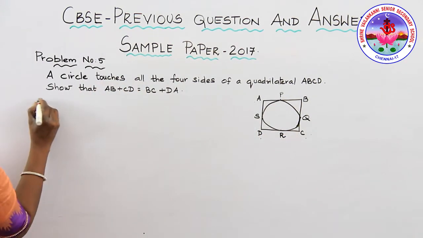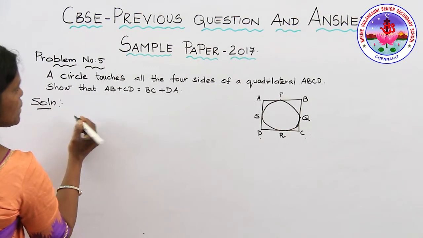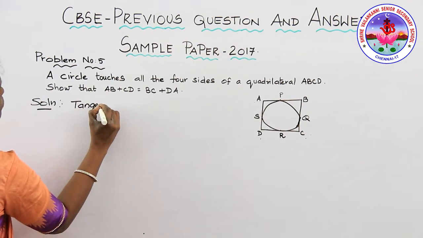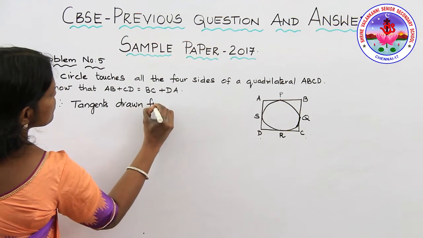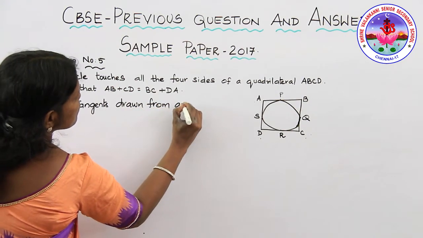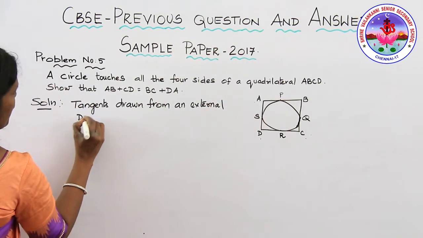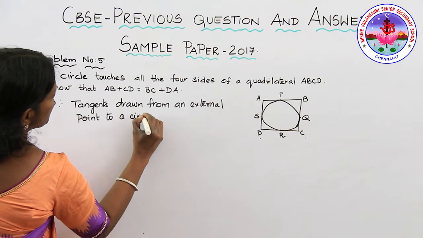So coming to the solution, I am going to write the concept of this, that is your theorem, where it is given that tangents drawn from an external point to a circle are equal.